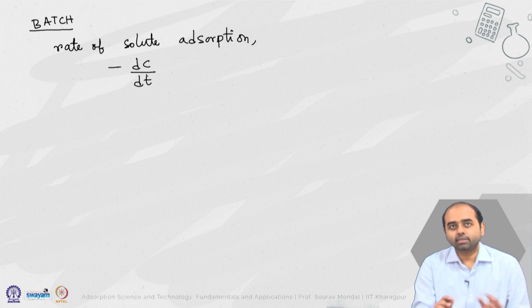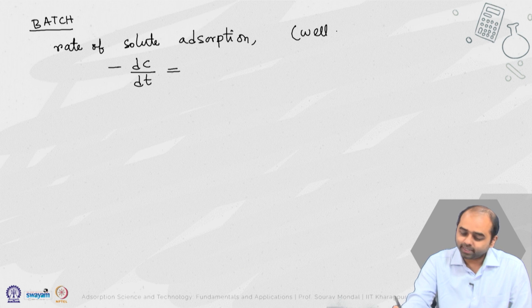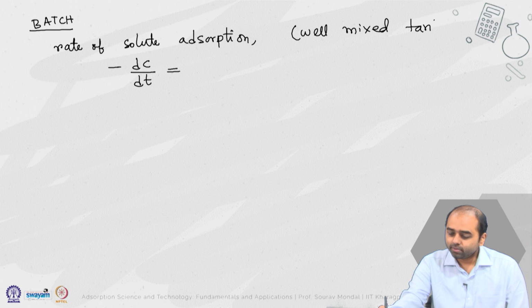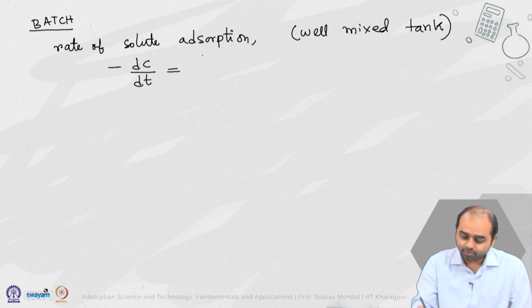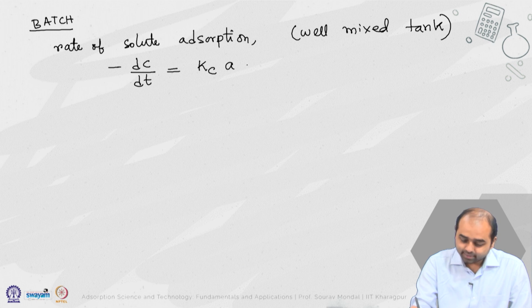So, we consider a lumped parameter system because this is very well mixed, right. So, this is a well mixed tank. So, the lumped approximation holds good. It is multiplied with the mass transfer coefficient in the tank multiplied with the a, that is the external surface area of the adsorbent per unit volume of the liquid, and this C minus C star.